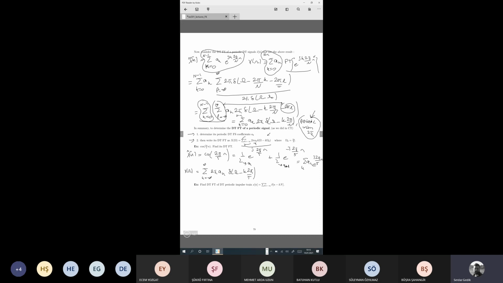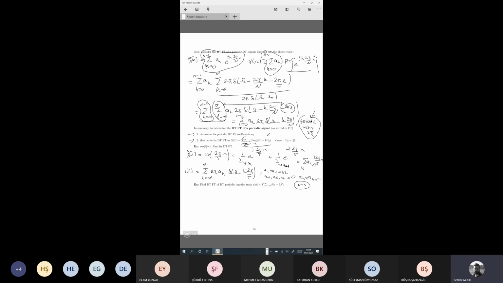And I use this notation and specify that a_1 is equal to a_minus 1. This is 1 over 2, a_minus 2, a_0, and a_plus 2 are 0, and a_k is equal to a_(k plus 5). So N is 5 for the signal, so the a_k's are periodic with 5.